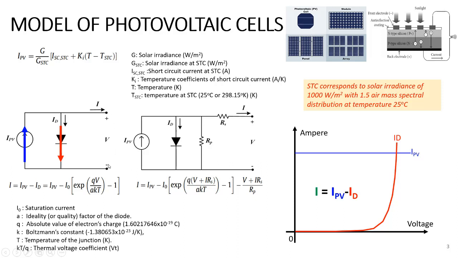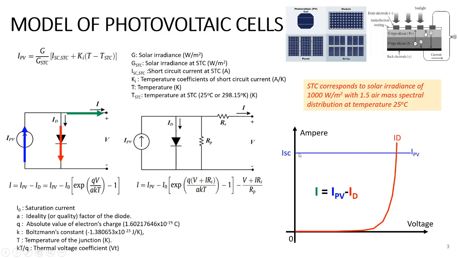When we do the short circuiting of the two output ends of the PV, the output voltage at this moment is of course 0, and the current I becomes the short circuit current, ISC. And you will find that the working point is right here.